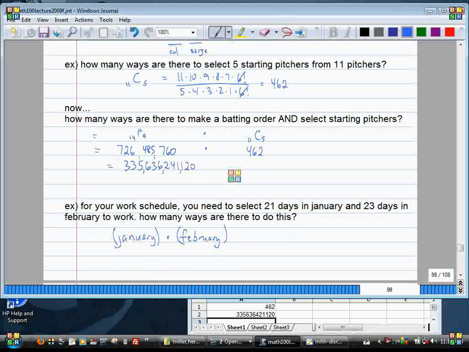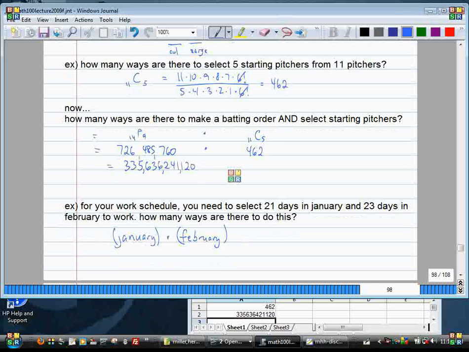Now, how many ways are there to choose which days you're going to work in January? The bigger number has to be first, because it's out of this many, choose this many.